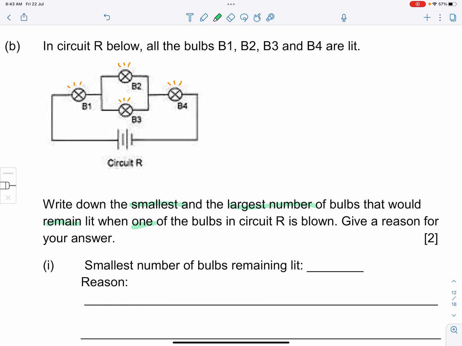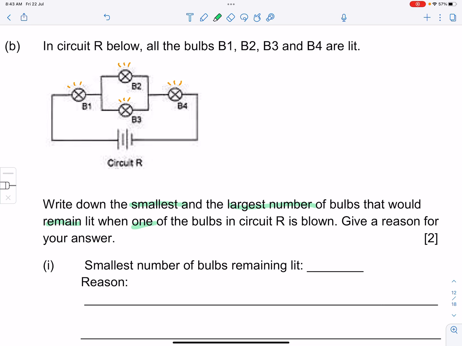So the smallest number you could possibly get is 0, and the largest number is 3. Okay, I'm not saying that this is the answer, I'm telling the possibility, because one of it has to blow. So the maximum number you can have lit is 3.